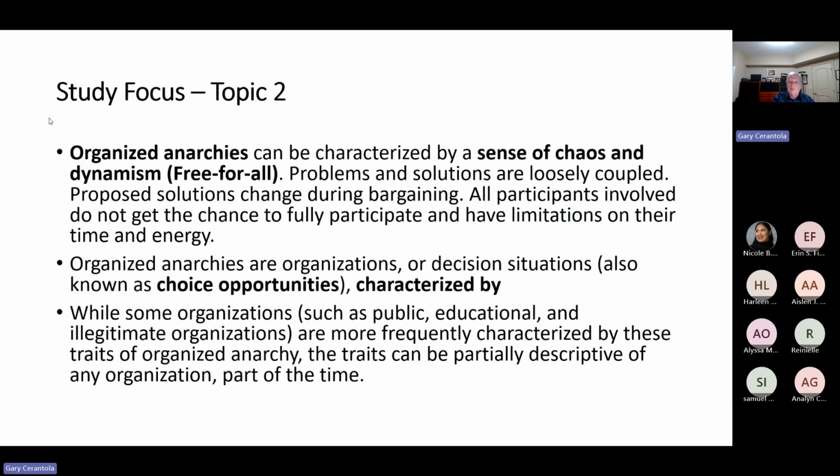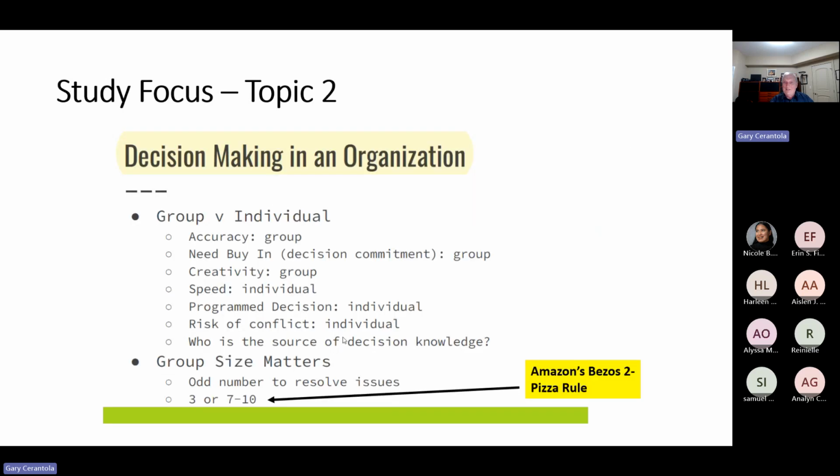All right. So what I did was I put this slide in so that you know what an organized anarchy is, but basically it's a sense of chaos. And organized anarchies are organizations or decision situations characterized by different types of organizations and illegitimate organizations.